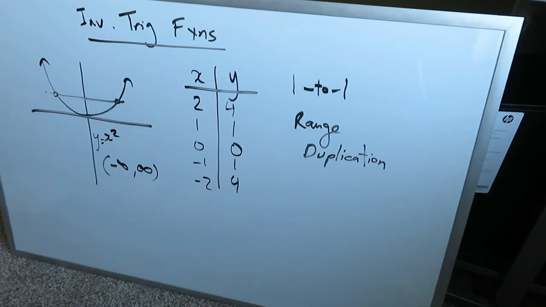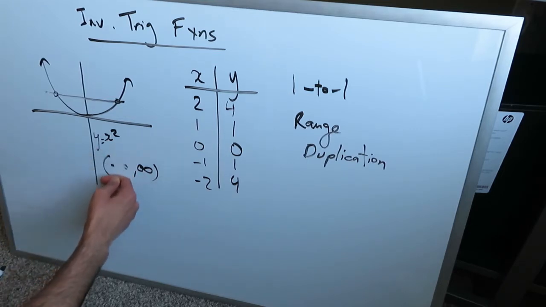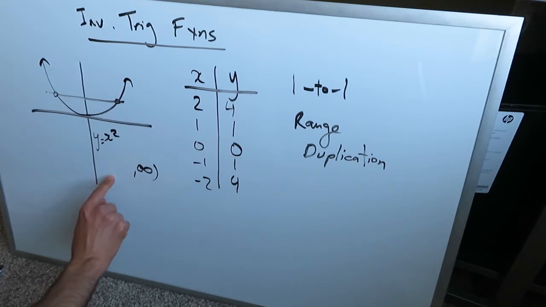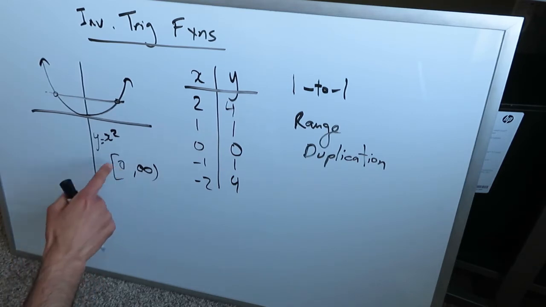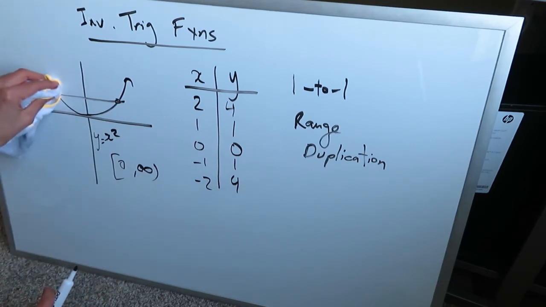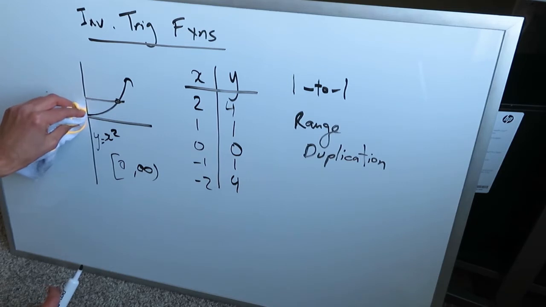But there's a trick around that. If you change the domain of your function and restrict it, let's get rid of this all-encompassing -infinity to infinity domain and restrict it from 0, including 0, all the way up to infinity. Now all of a sudden our graph loses this aspect of our parabola.